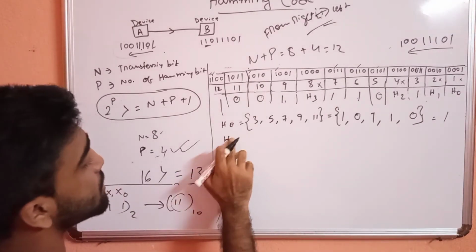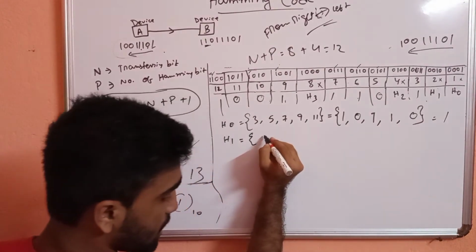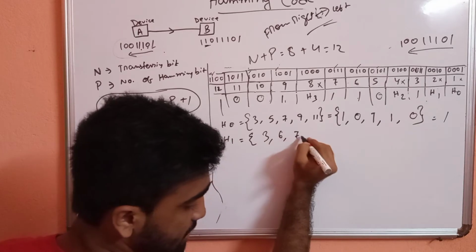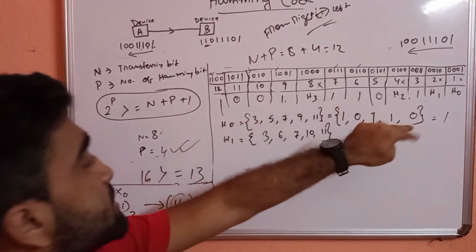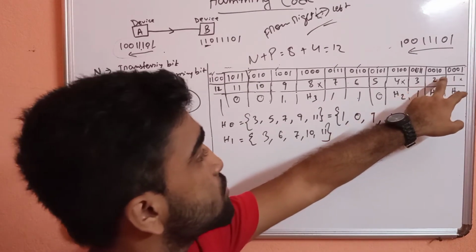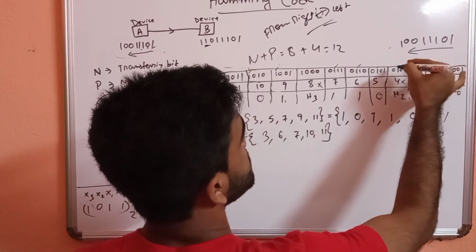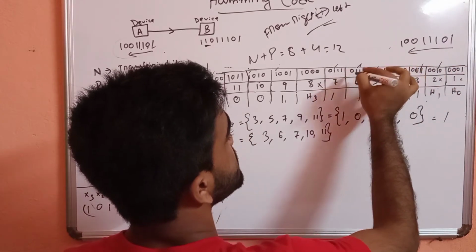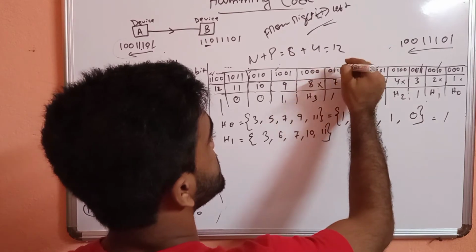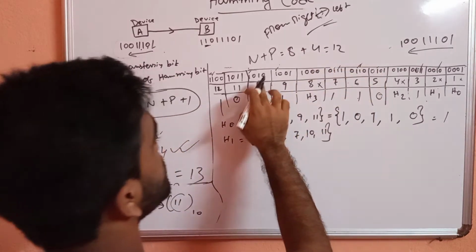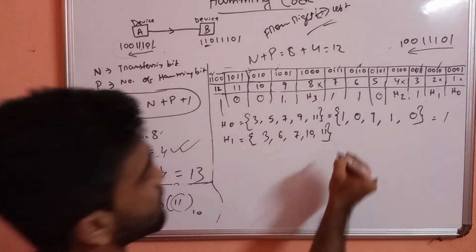Okay, now we will find H1. H1 will be 3, 6, 7, 10, 11, whose second bit is 1. See, 3, second bit is 1; 6, second bit is 1; 7 also, 10 also, and 11, second bit is 1.